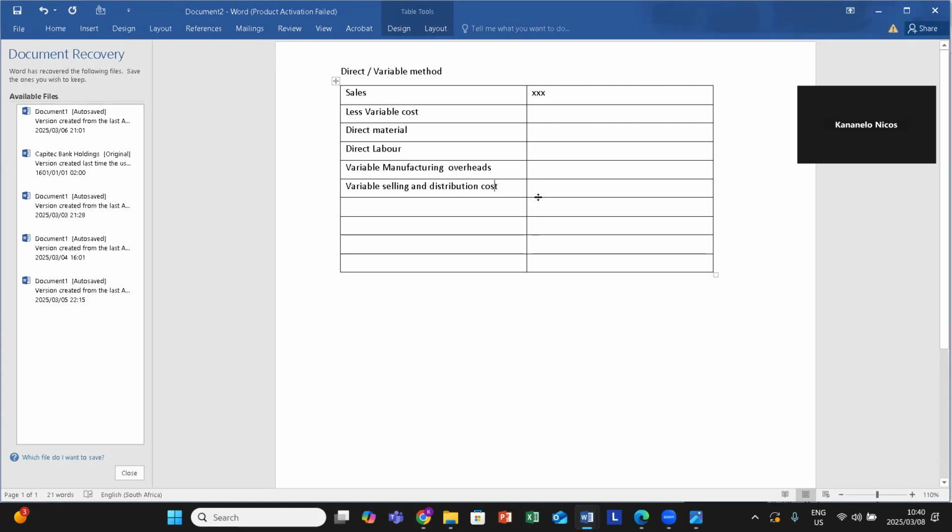And then they have a relevant amount, we're going to record them there, and also here. And then when you add your direct material amount, your direct labor, your variable manufacturing overheads amount, and also variable selling and distribution amount, we get this total, which is the total of variable cost.